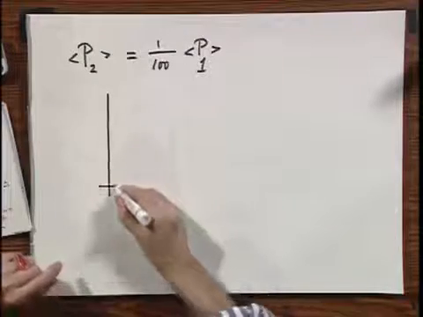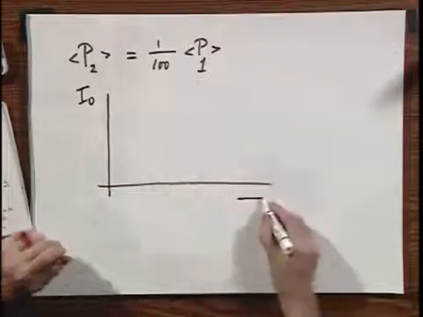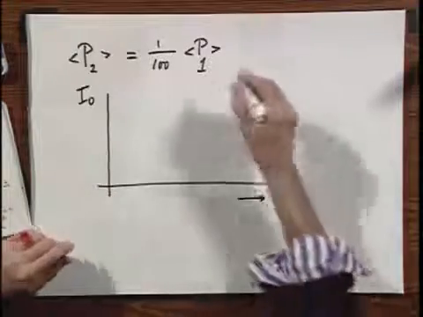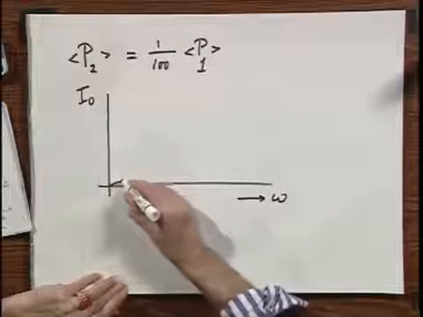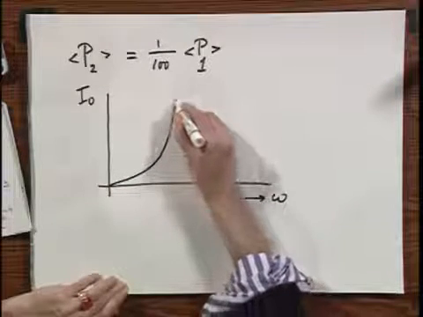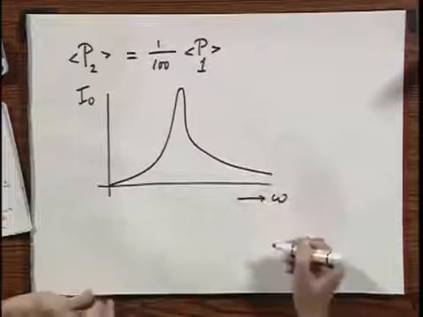Let us remind you of what the maximum current I looks like as a function of omega for a given LRC circuit. In the beginning this is more or less linear. It flares up, we call that resonance, and then it dies off.